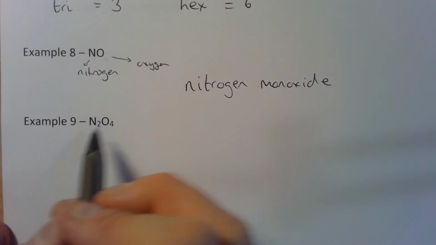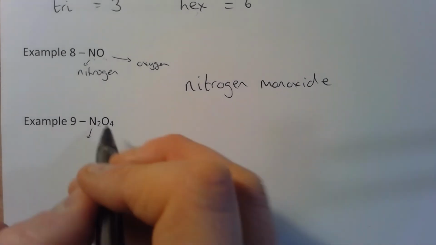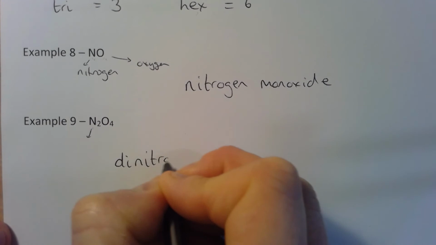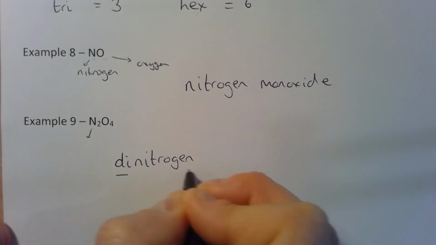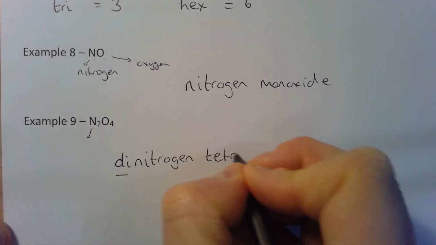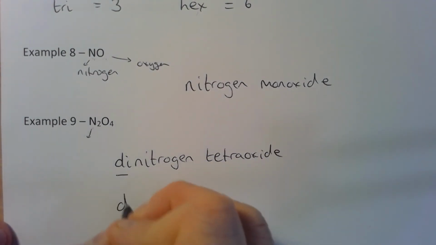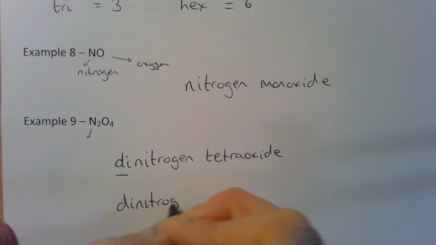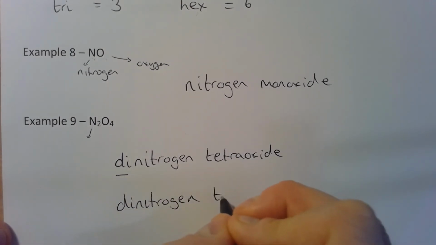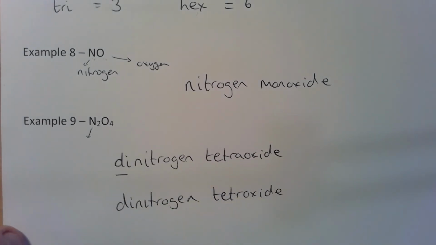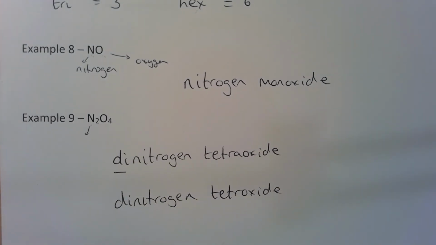This example here, because we've got 2 nitrogens and 4 oxygens, we would actually call this compound dinitrogen tetraoxide. We might sometimes see that rewritten slightly as dinitrogen tetroxide. Both of these have actually been used. Either would be acceptable for us at this level, so it just removes the 2 vowels next to each other there.